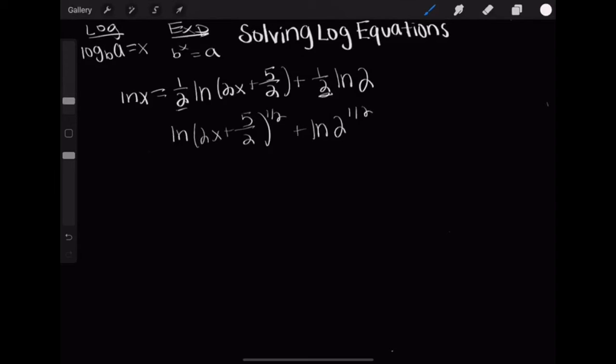And now we're using the product rule. So when you have two logs being added to each other, you can multiply the argument. So I'm going to rewrite this again.